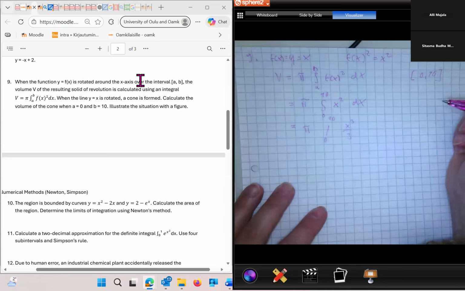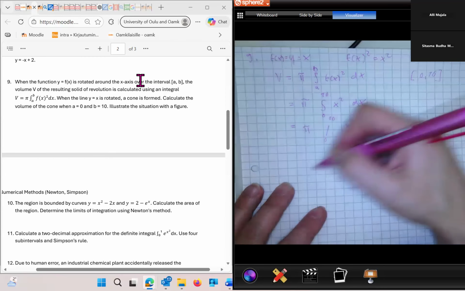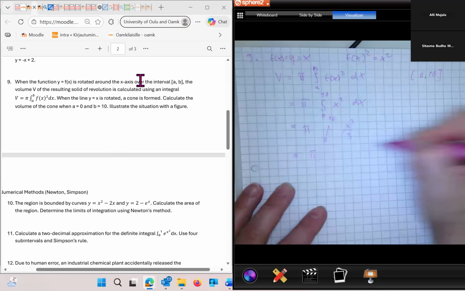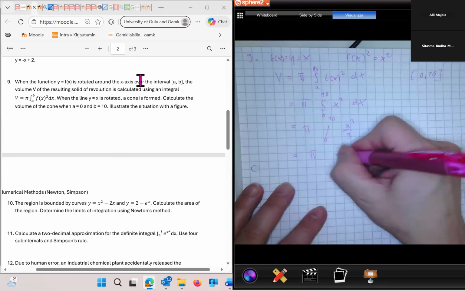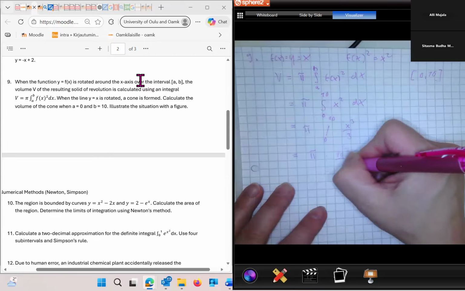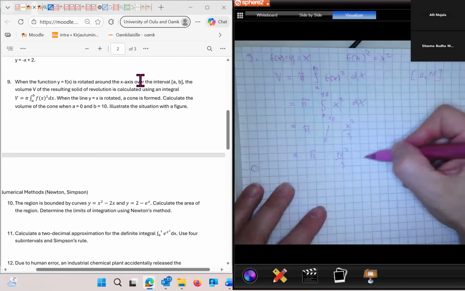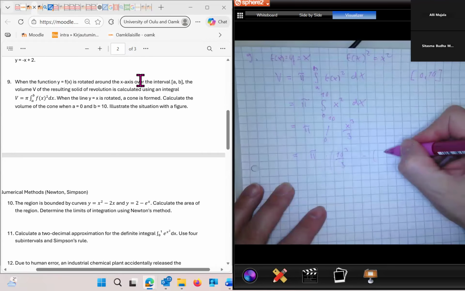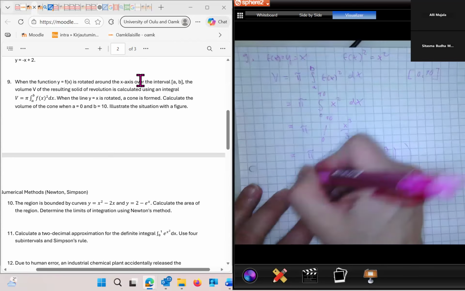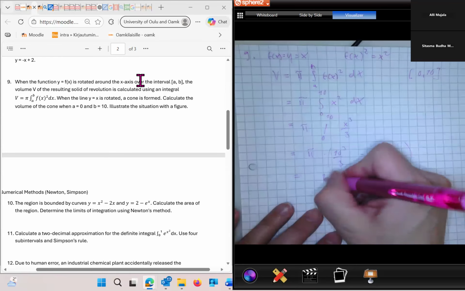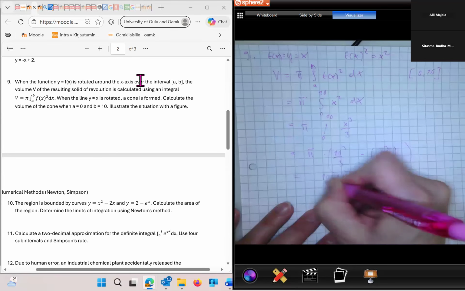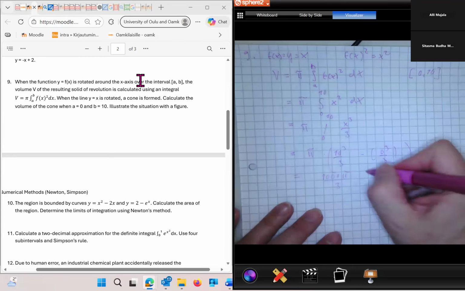And then I just calculate this. And then with the 0, so I get like 1000π divided by 3, something.